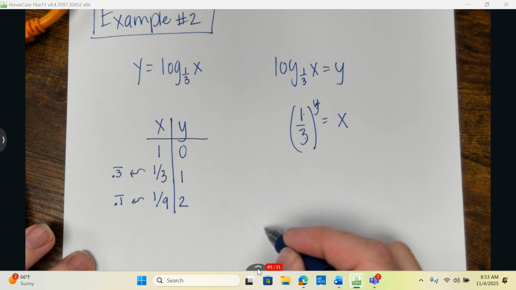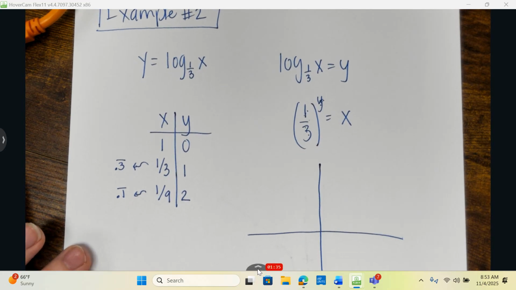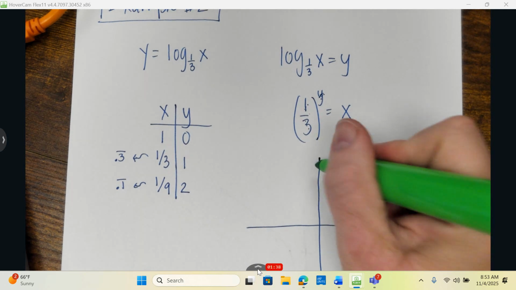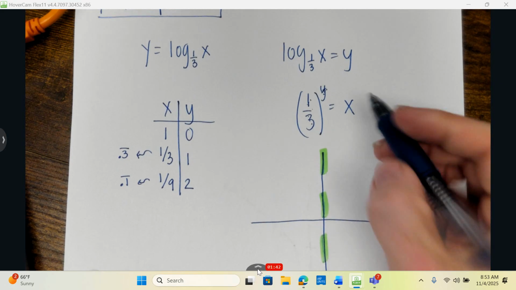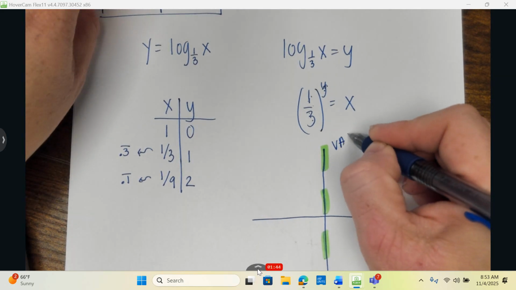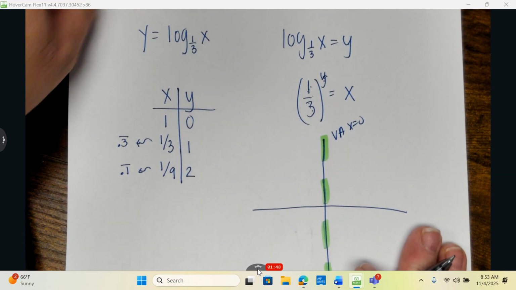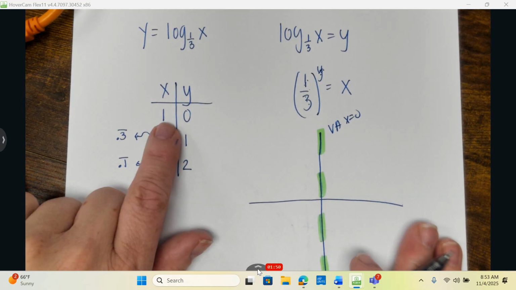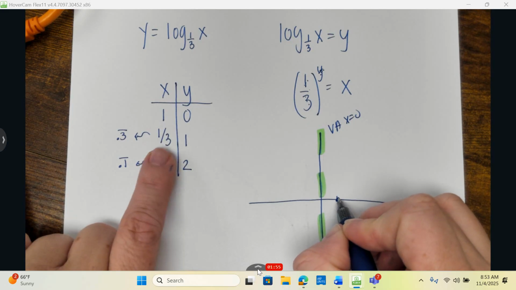Okay, you ready to graph this? Here we go. This is our parent function. So we're still going to go to that y-axis, and we're going to illustrate that the vertical asymptote is still x equals 0 for this logarithmic function. There is no horizontal or vertical shifts, so I'm going to go 1 to the right, and here's 1, 0.